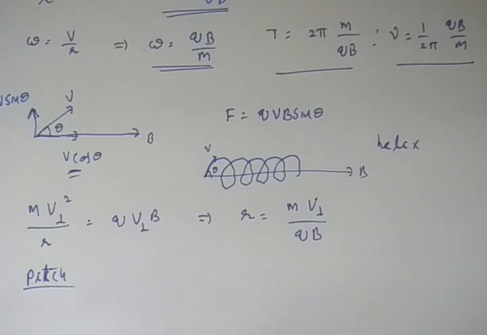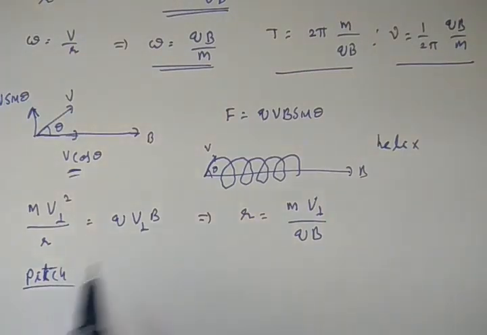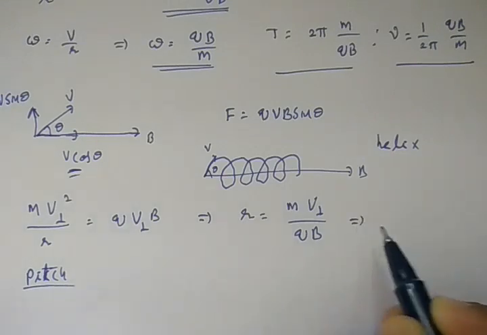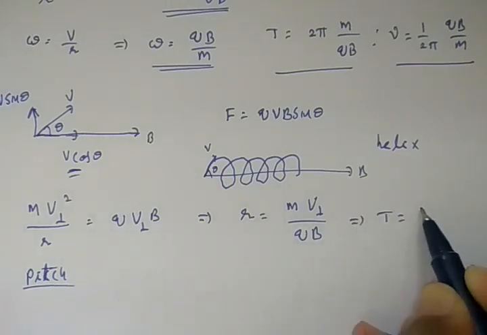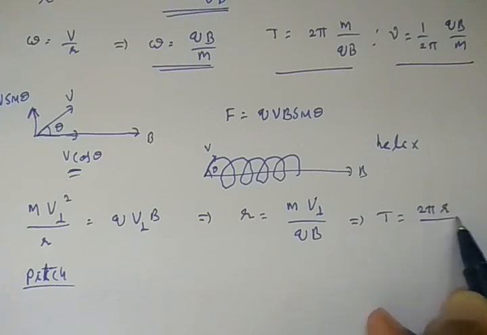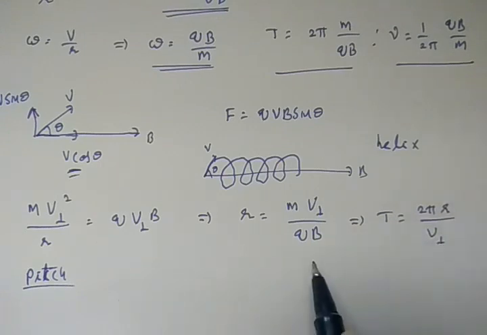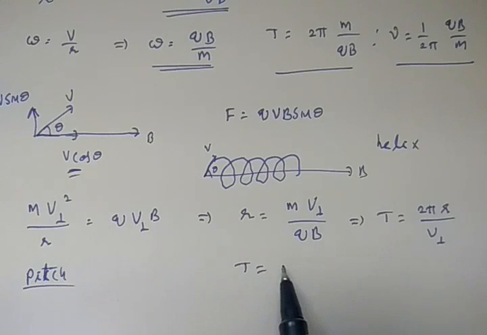Pitch is defined as the horizontal distance covered by the body during one rotation, or during one cycle. We know from here you can compute the time taken by the particle for one complete cycle, that equals 2 pi r by v perpendicular, so T equals 2 pi r by v perpendicular.